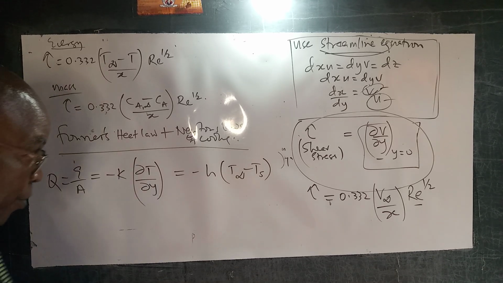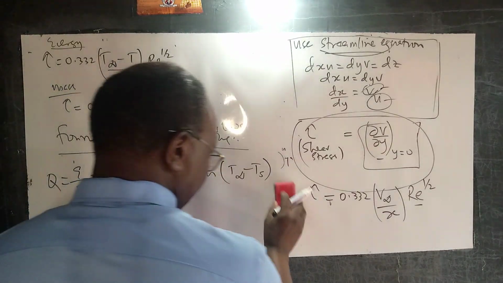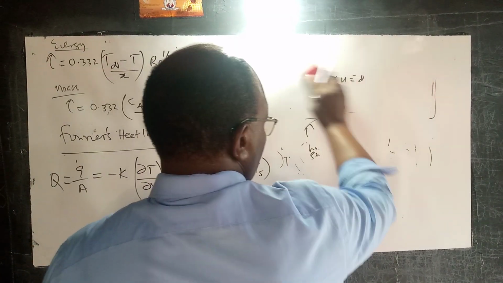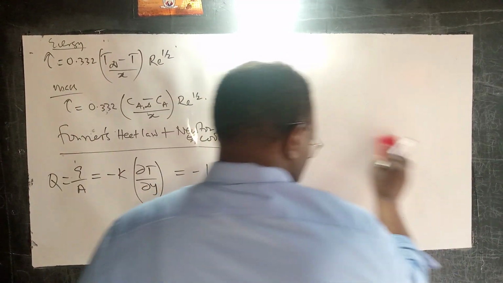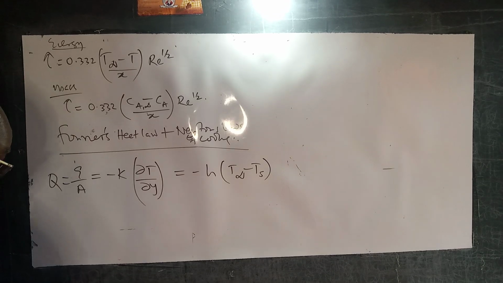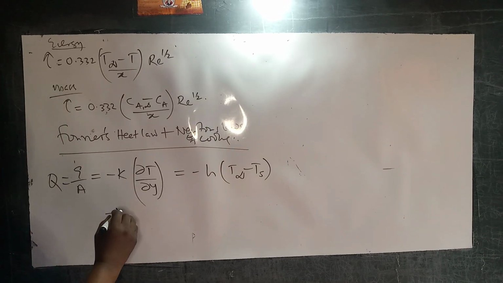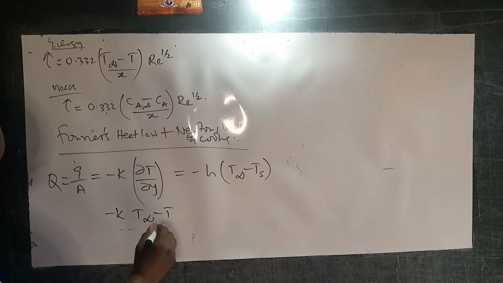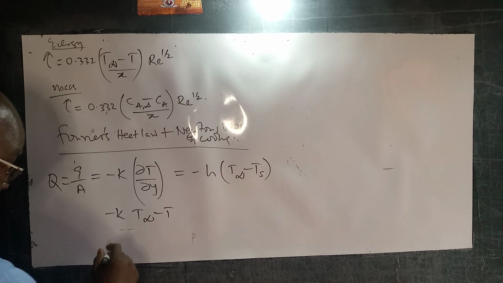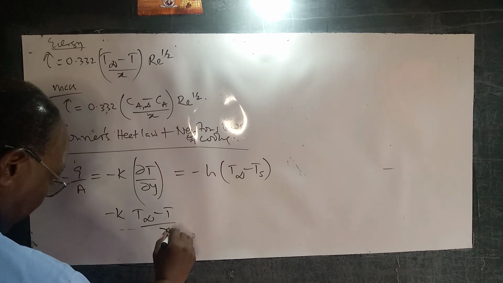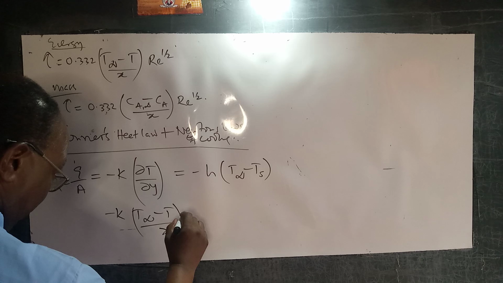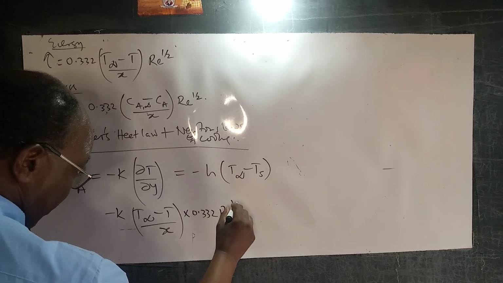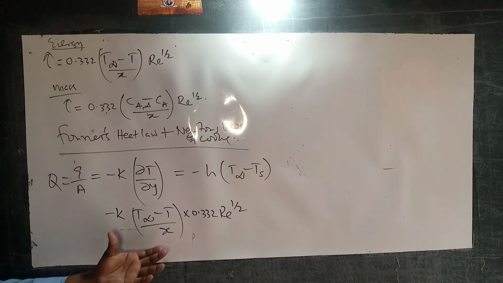So, putting these quantities into a system, we have minus K times the expression we already had.